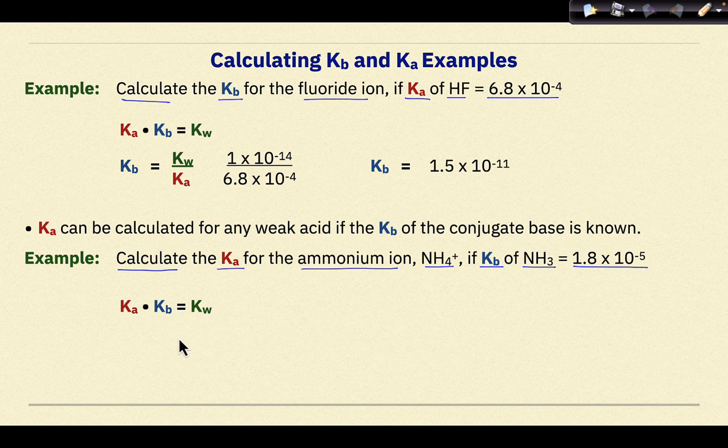We'll rearrange our formula to solve for Ka. So Ka is equal to Kw divided by Kb. We'll plug in our values. 1 times 10 to the negative 14 divided by 1.8 times 10 to the negative 5. When we do our calculation here, we find that the Ka is equal to 5.6 times 10 to the negative 10.